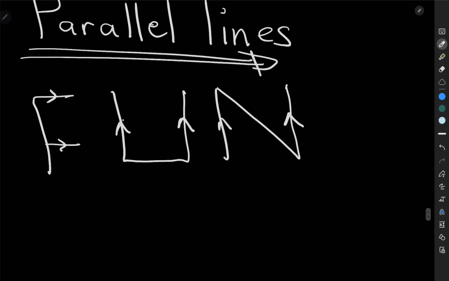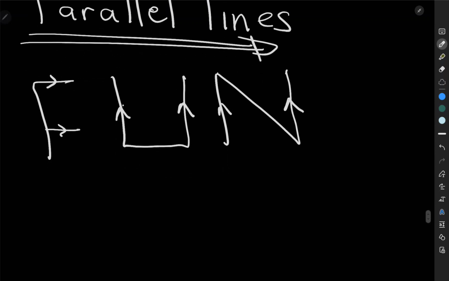Okay, and with this, there's a couple of things we can deduce. The first part is the F. What we're saying with this F is that if we do have parallel lines in this F, this angle and this angle will be equal. The reason for that is because we say they are corresponding.